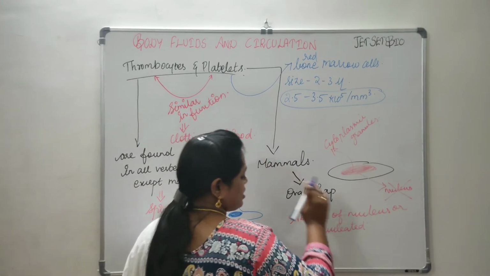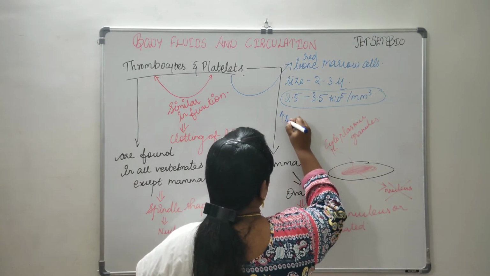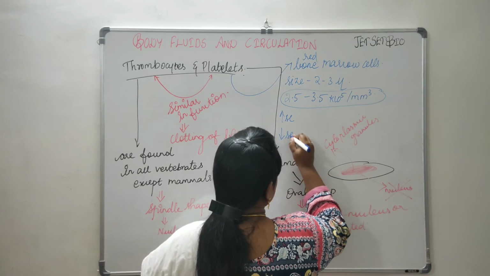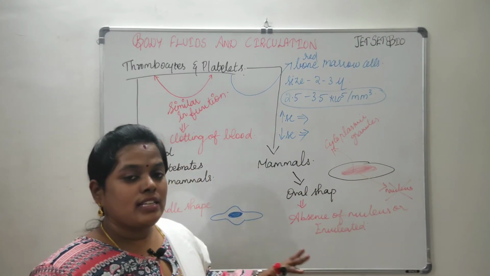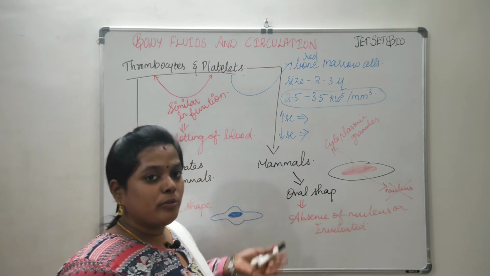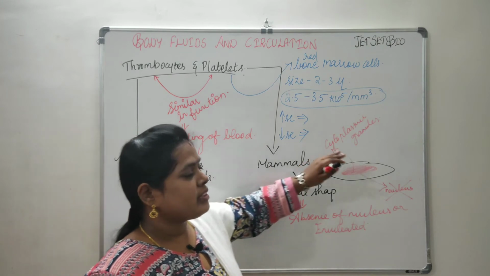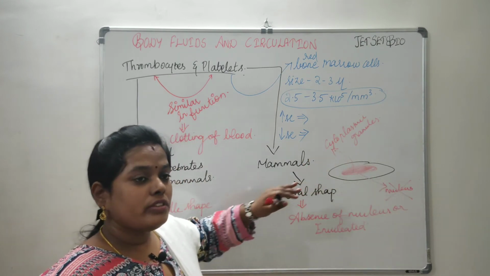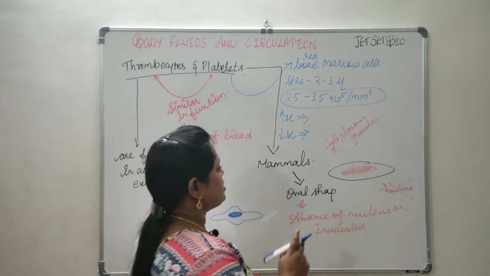As we discussed in the previous session, the increase and decrease in the cells are given certain specialized terms. The same way, when the count of the platelets is increasing, it is given a specialized term, and when it is decreasing, it is given a specialized term. We will see what the terms are.